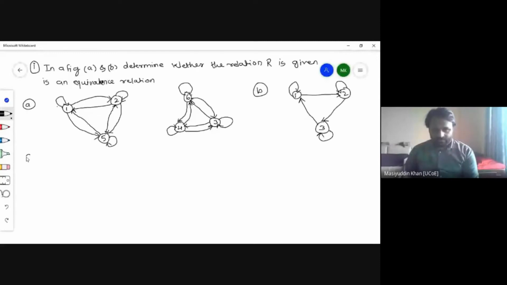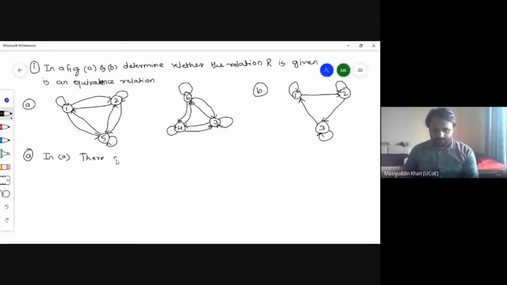In A there are two diagrams. So according to the two digraphs, I can represent this as G1 and this as G2.